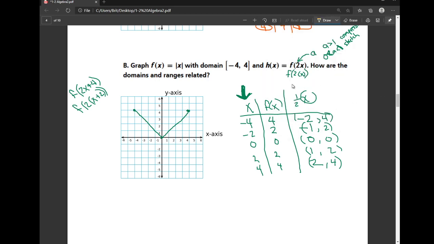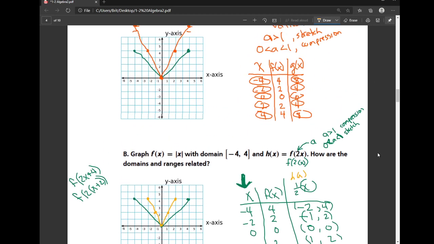So now here we are, I'm going to do h of x and graph those points. So I have -2, 4; -1, 2; 0, 0; 1, 2; and 2, 4. And I'm going to connect those lines. Take a look-see.